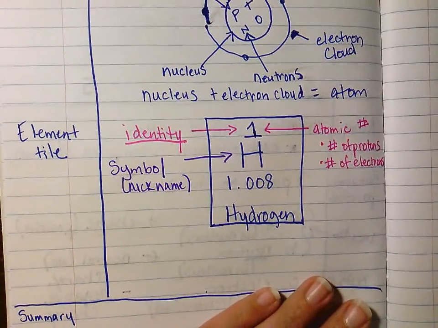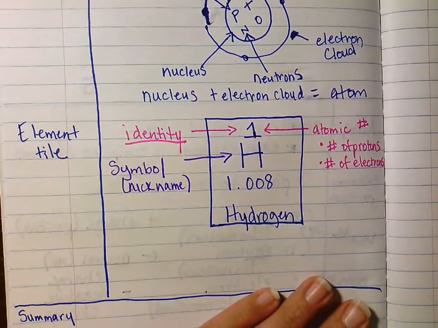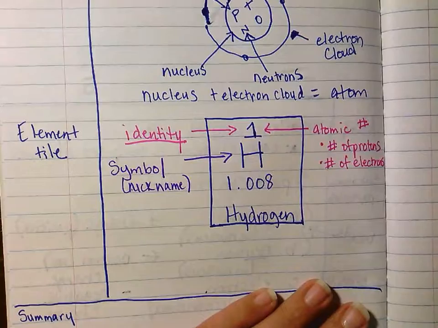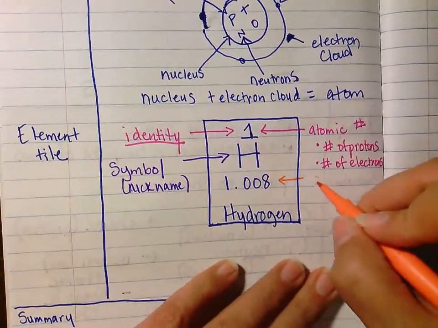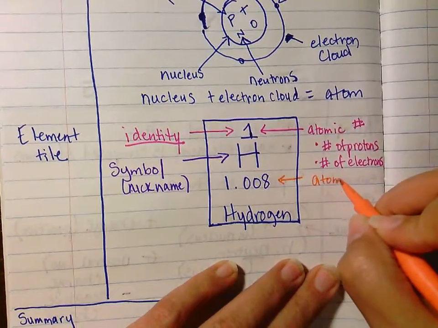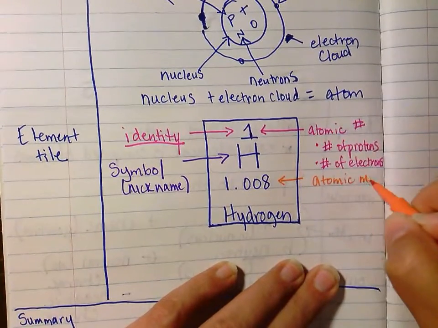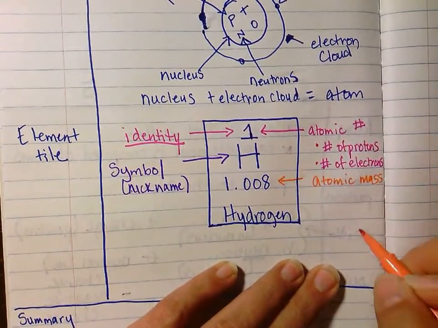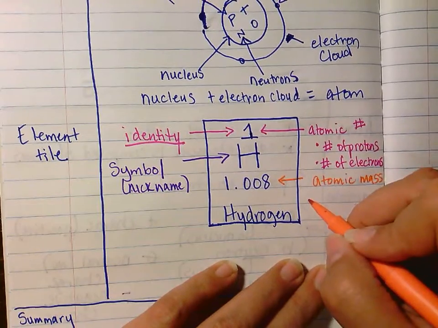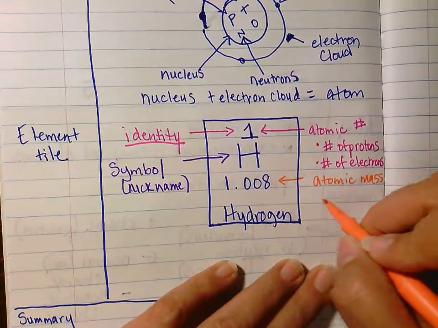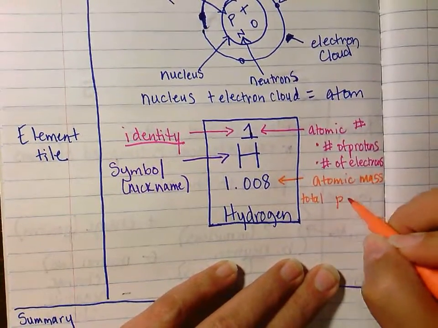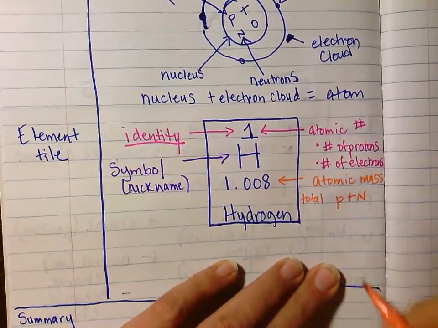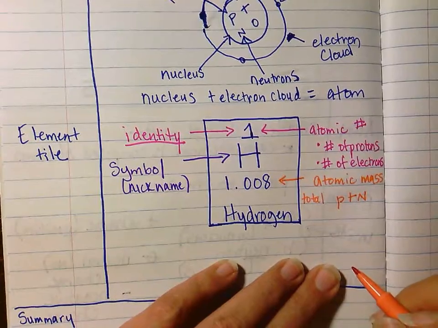Now, let's move on to this bottom number right here. This bottom number is the atomic mass. The atomic mass is the total number of protons plus neutrons, okay? The total number of the protons plus the neutrons.